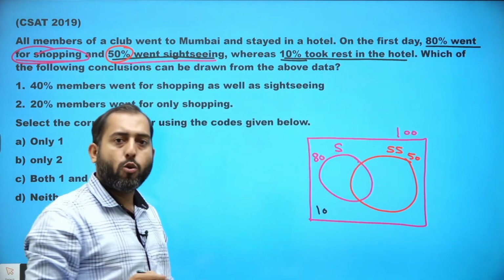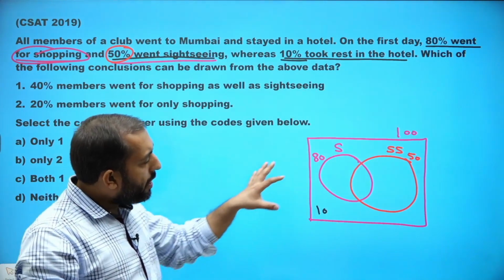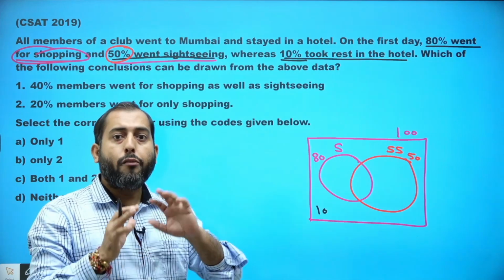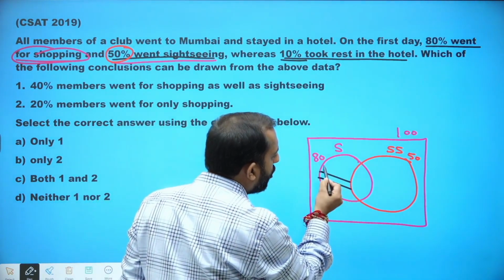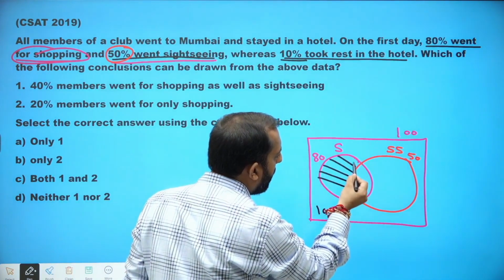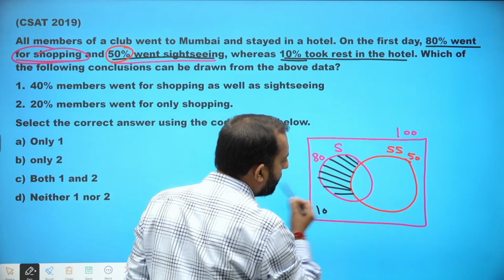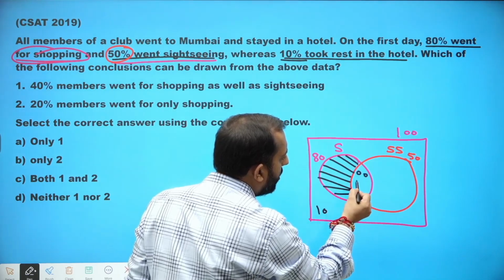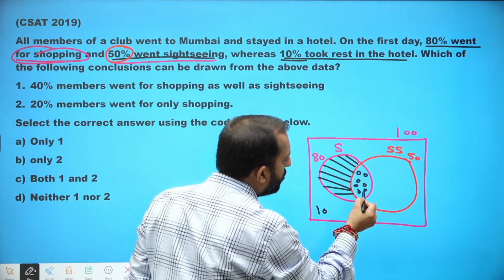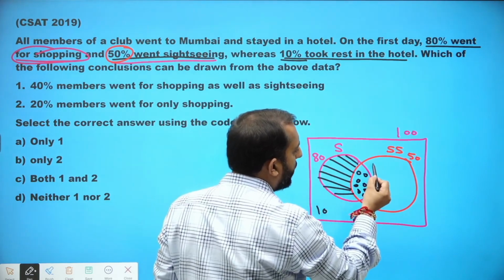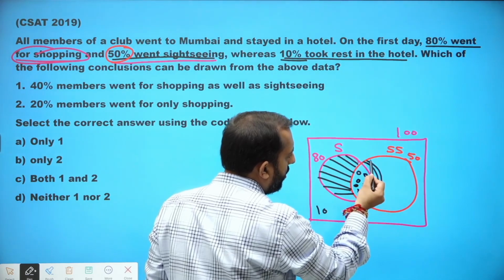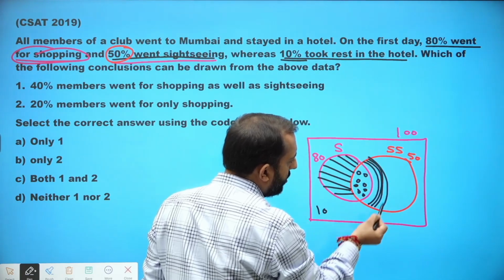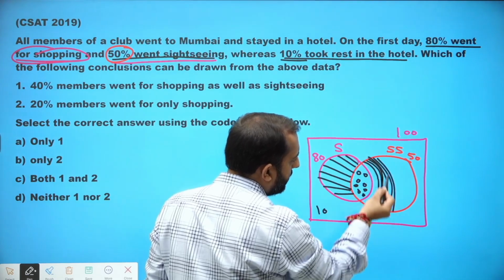So 10 people took rest. Now in this Venn diagram, you will see four portions. The first talks about only shopping, highlighted by black parallel lines. The second one is the intersection of both circles. The third one is only sightseeing.